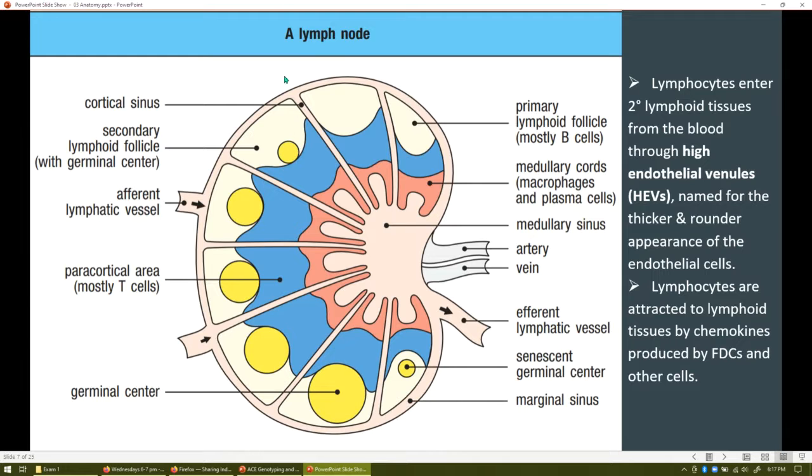Okay, and normally B cells are found in the follicle, which is this sort of pale yellow area, but the proliferating B cells are found in the actual germinal centers. And as the infection progresses, the germinal center grows larger and larger until eventually the infection is fought off and we no longer need so many active B cells.